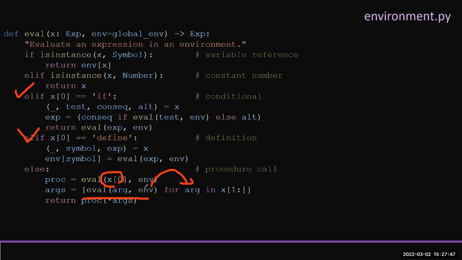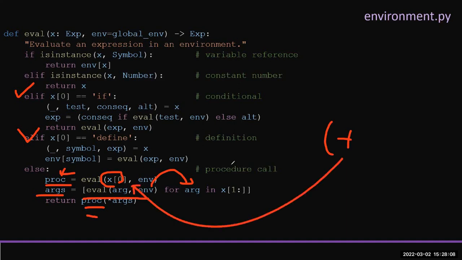You evaluate the arguments against the environment, and you will get the arguments. And you will call the function. The function is the first element. So if you have plus, you evaluate the plus, that would be the function, and then apply it to your arguments, the rest of the list.